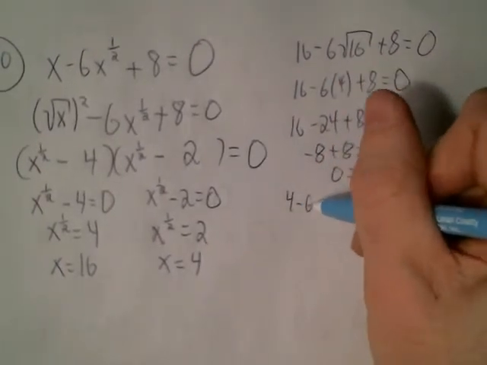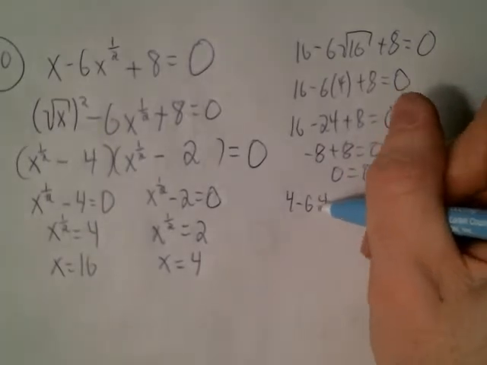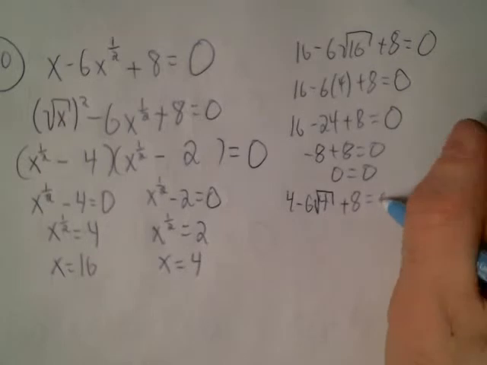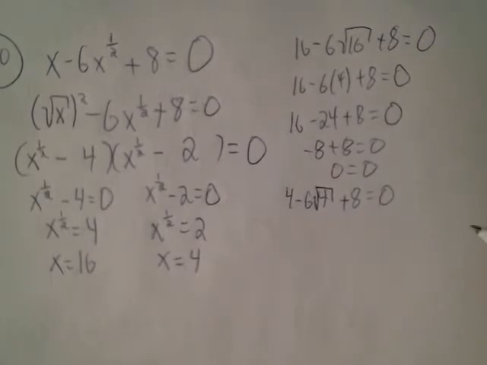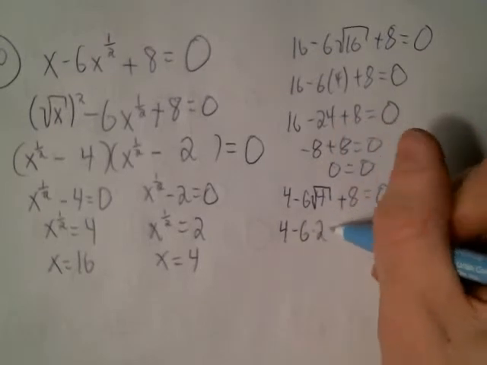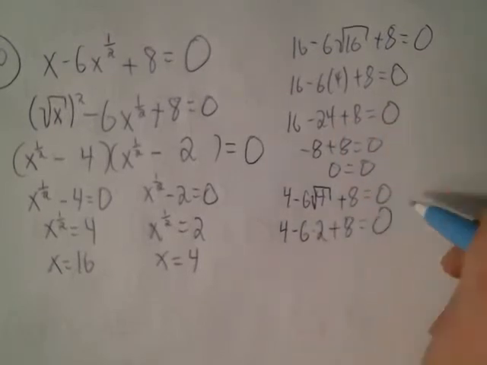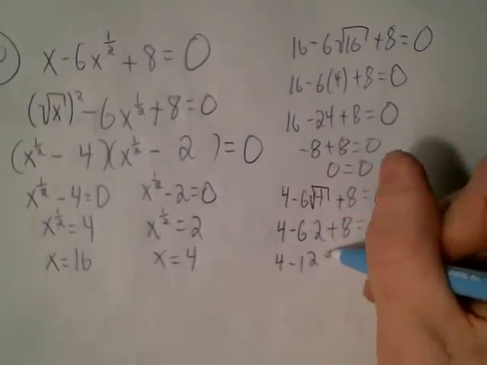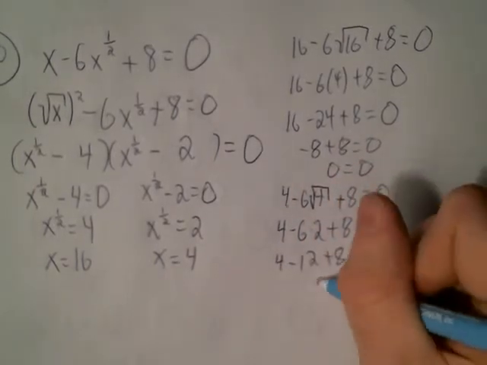I have 4 minus 6 times 4 to the 1/2, in other words, 6 square root 4, and then plus 8 is 0. So I have 4 minus 6 times 2 plus 8 is 0. And then 4 minus 12 plus 8 is 0. And of course, that 0 is 0.